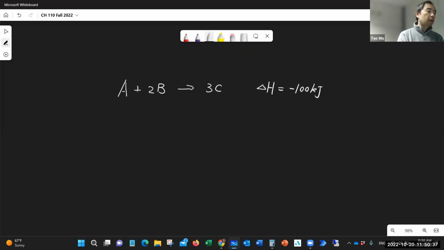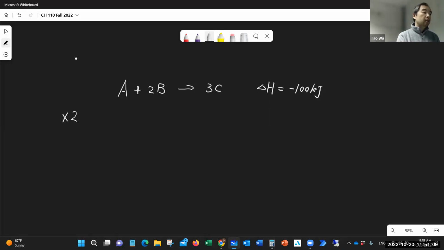We have this equation, and it can be changed by multiplication. If we multiply by a certain number, for example 2, it works. Just to let you know, in thermochemistry the coefficients could be fractions, not simplified.